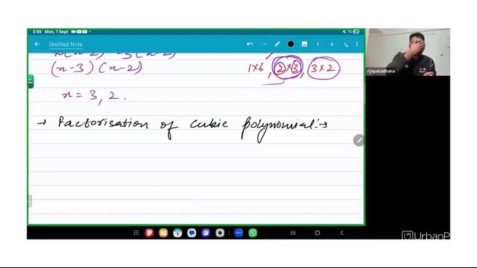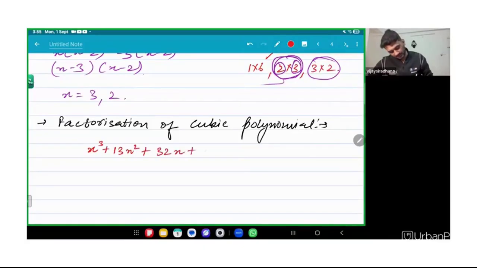Now students, let's take up one example. You have one question which is x cube plus 13x square plus 32x plus 20.